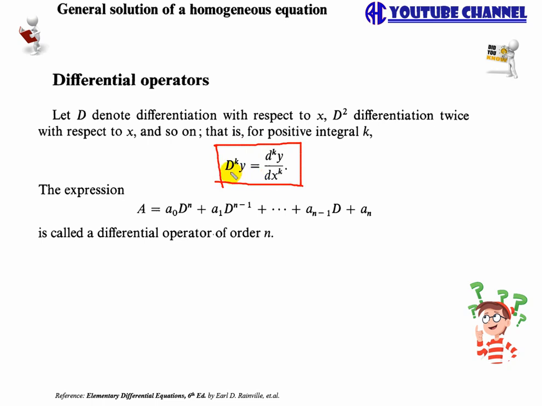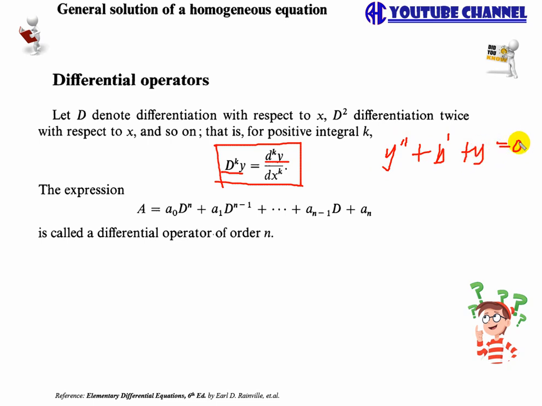Ibig sabihin niyan, we can substitute the derivative of k with respect to x into this form. For example, y double prime plus y prime plus y is equals to 0.